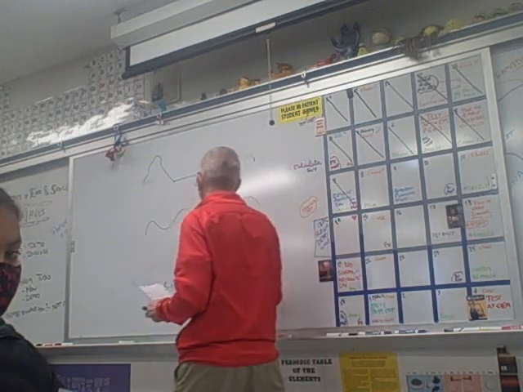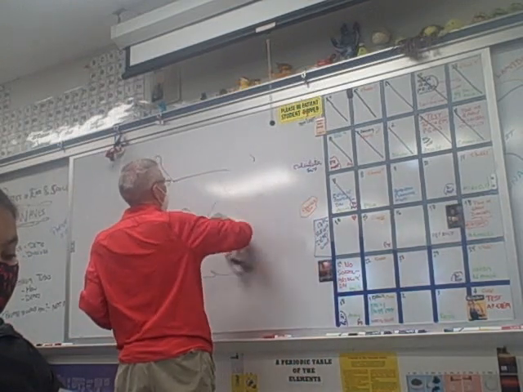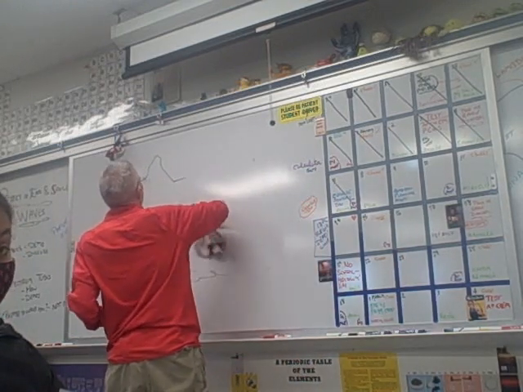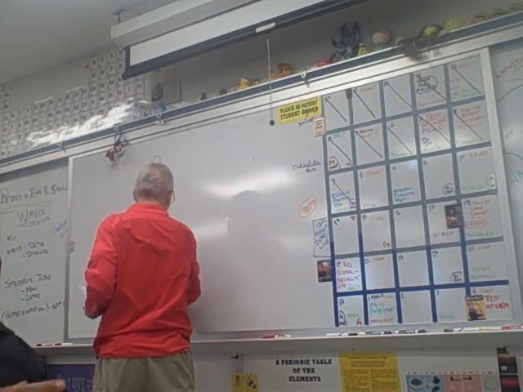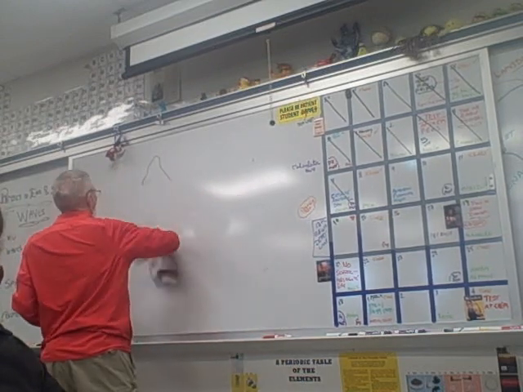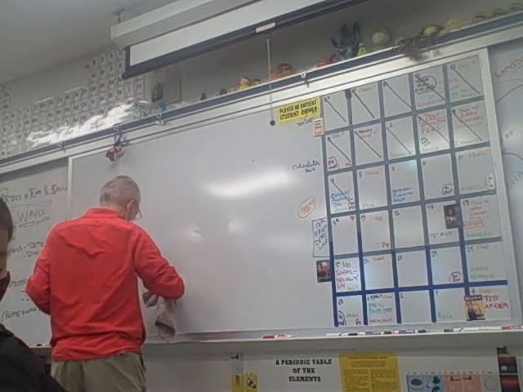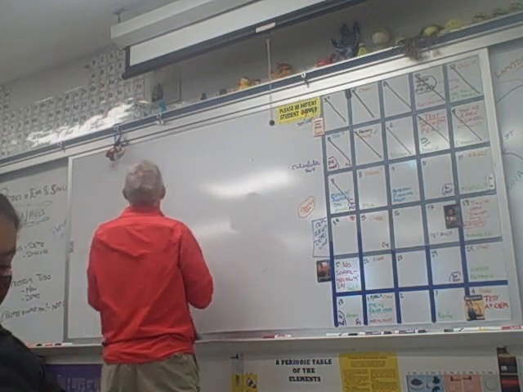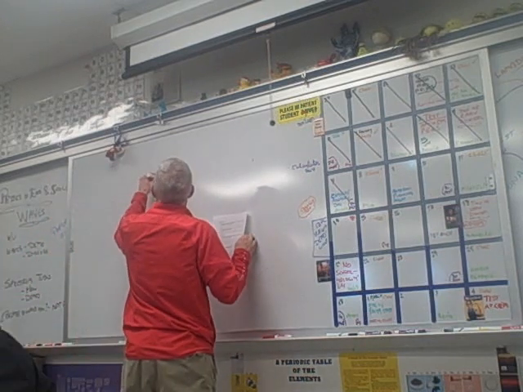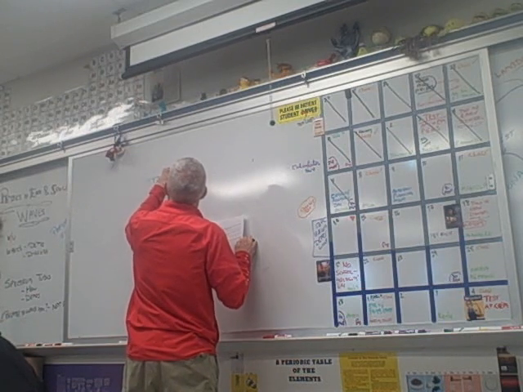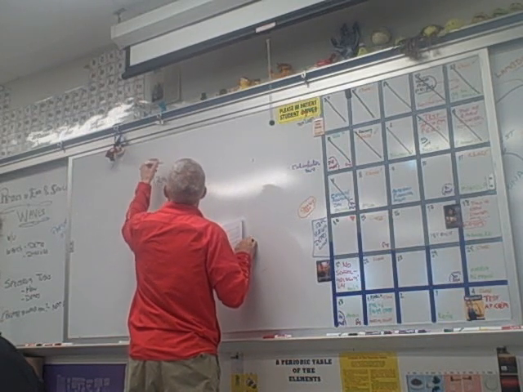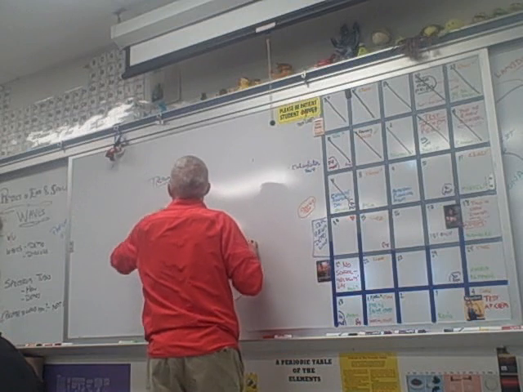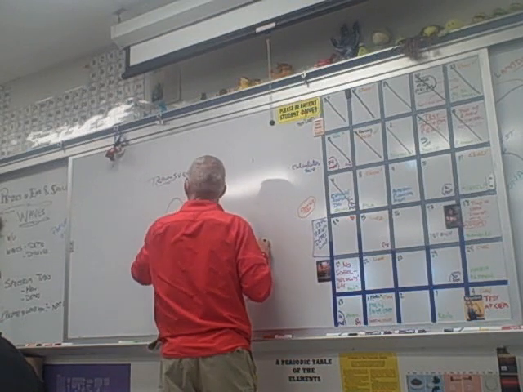Now, transverse versus longitudinal. Did you look them up like I asked you to? Yeah. Well, that's a shame. It would have been helpful. So, trans means across. So, transverse is to go across. Trans is the kind of wave that went up and down.